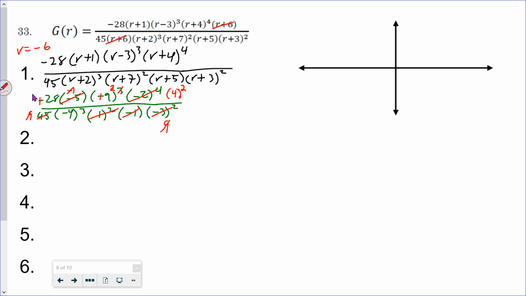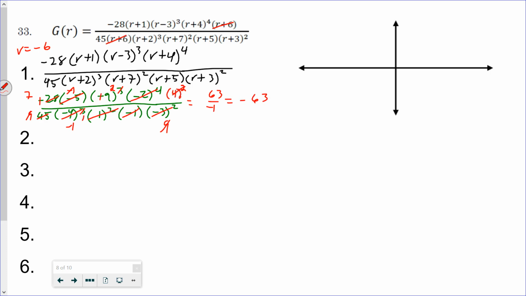And then this 4 squared and this -4 cubed can cancel out, leaving -4 to the 1st power. And then from there, -4 and 28, I can cancel that out. -1, 28 becomes 7. So what I end up getting is a bunch of mess, but you just cancel stuff out. You're left with 7 and a +9 on the top, so I get 63 with a -1 on the bottom, so -63.